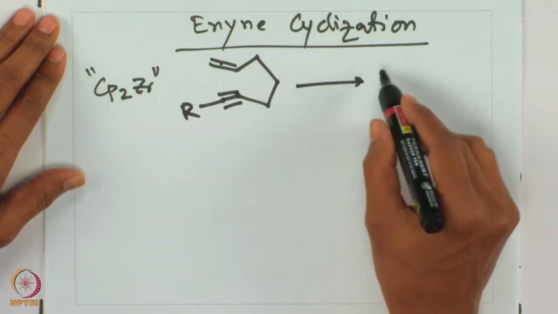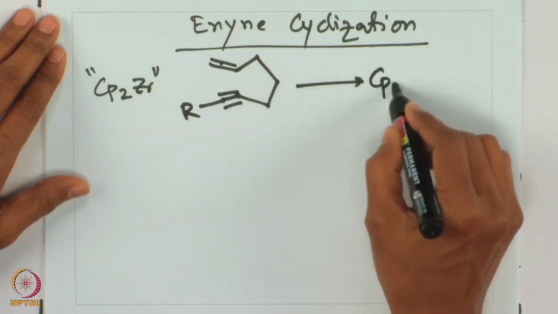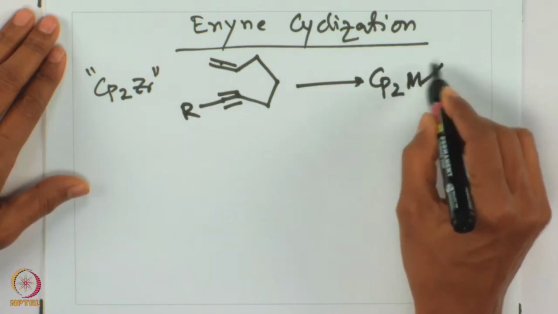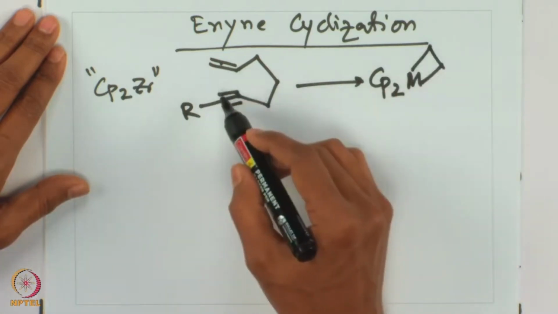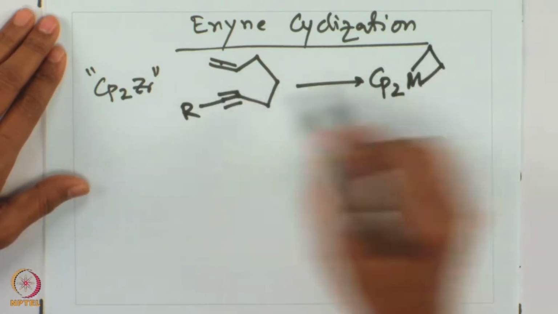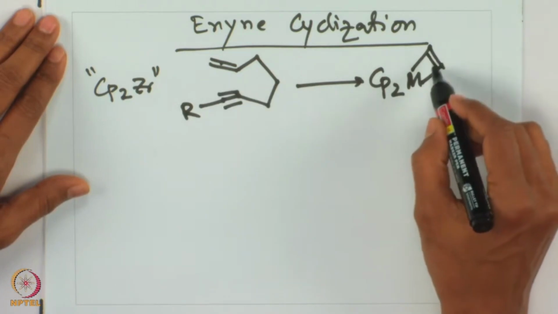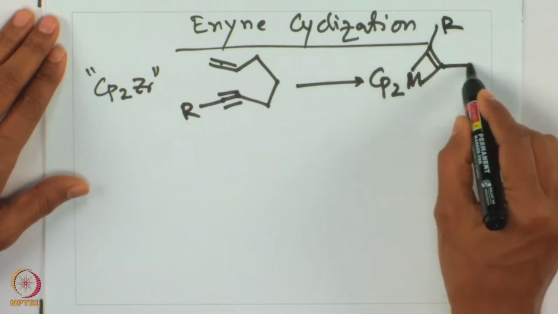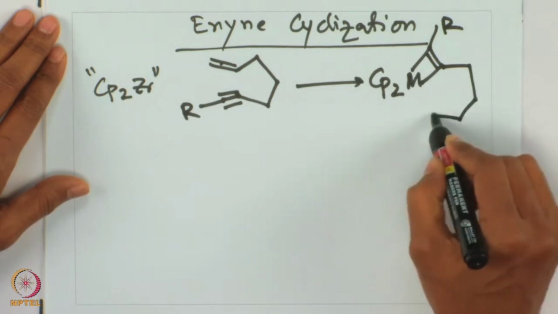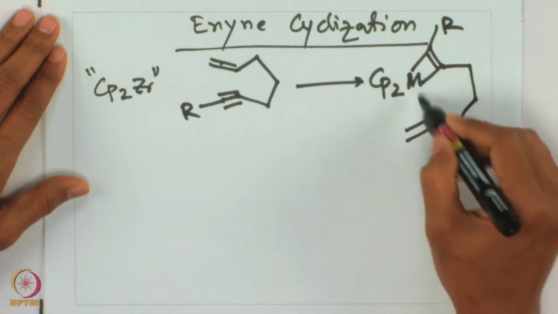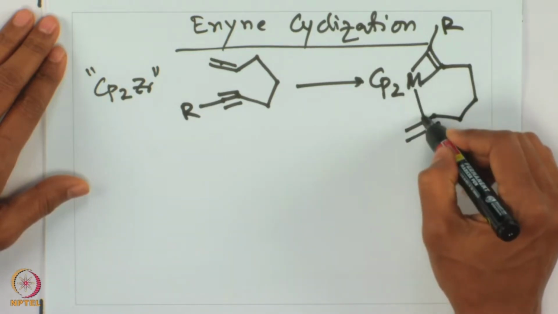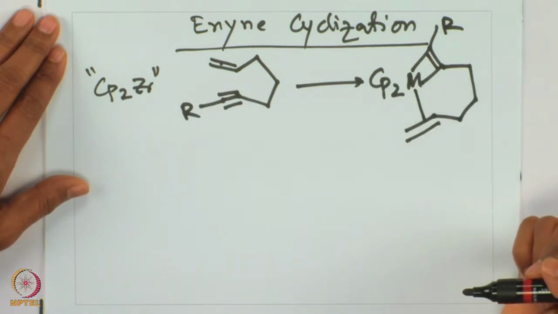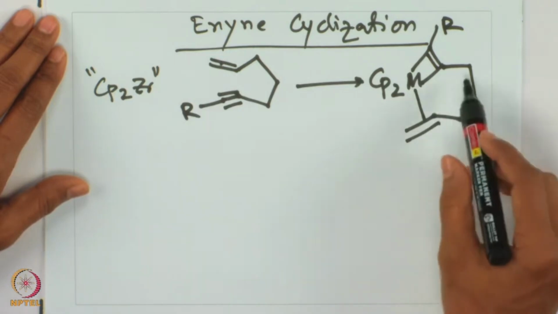From here on, what we do see is that the cyclopentadienyl metal and this olefin and alkyne are reacting. First the alkyne will be reactive, and therefore we get the intermediate where the olefin is appended from the metal center. So, the olefin is kind of coordinated with the metal center, you can draw that bond.